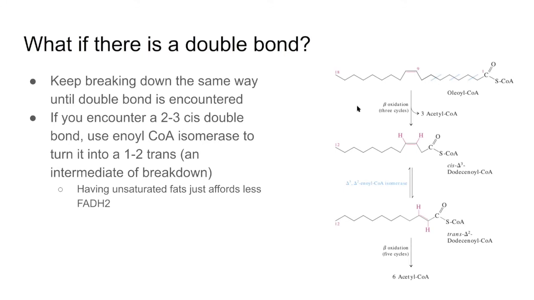So let's start with this example here, oleoyl-CoA. In this case, when we have a double bond in the middle, the process stays the same up to that part. And so in this case, beta oxidation occurs normally, and we get rid of 3 acetyl-CoAs until eventually we run into the double bond.